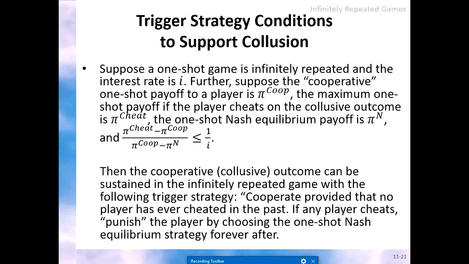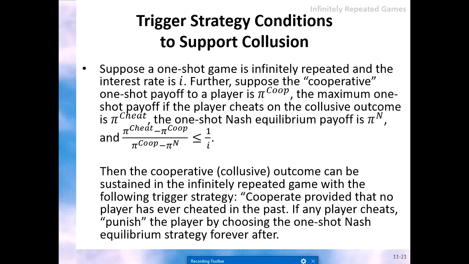So here we go to another explanation for this. Suppose a one-shot game is infinitely repeated and the interest rate is i. The one-shot payoff to a player for cooperation is pi c.